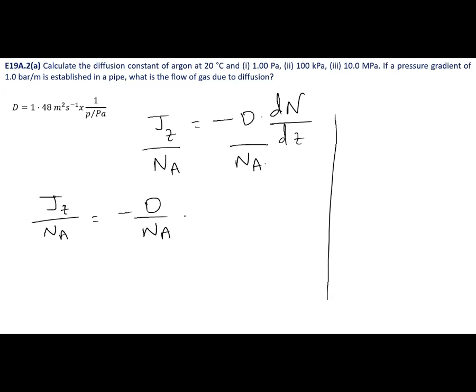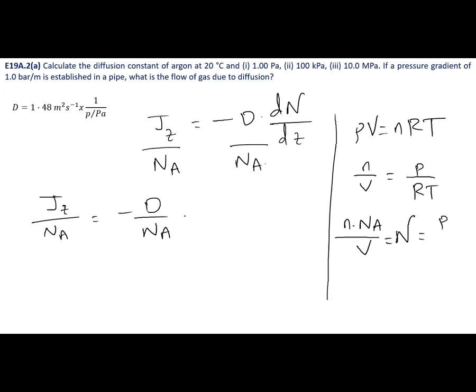So go back to the ideal gas law equation. PV is equal to nRT, and n over V is equal to P over RT. So if I multiply Avogadro number and moles, it becomes number of molecules over V, which is nothing but the number density, and P N_A over RT.